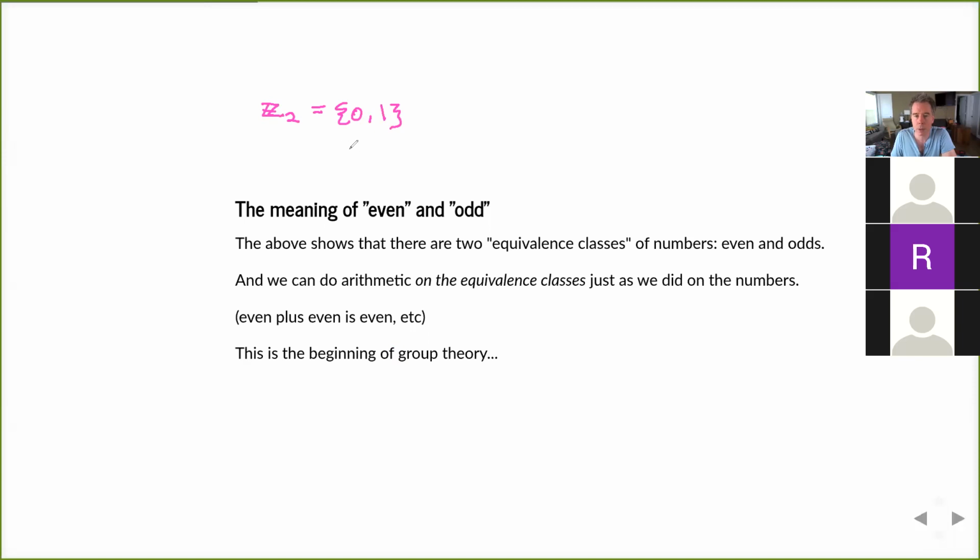I hesitate to mention it because it's quite complicated and it will never be relevant to anything that we do, but let me just go over it a little bit. The pure math, fancy philosophical way of looking at what we're doing here is that this 0 represents the infinite family of all even numbers.